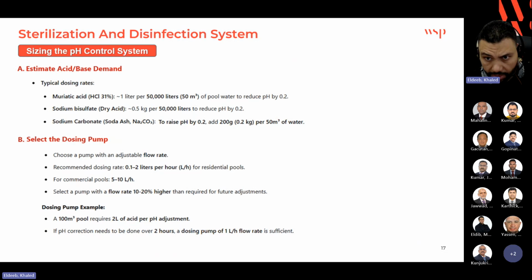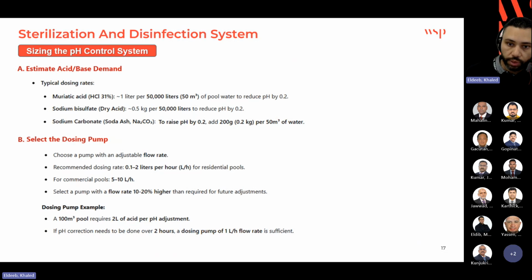Understanding the recommended concentration of those chemicals will help us to estimate the demand that suits my pool, which is the first step in sizing the pH system. So as listed on the screen, if we use muriatic acid, for example, consider 1 liter per 50 cubic meter of water to reduce the pH by 0.2.